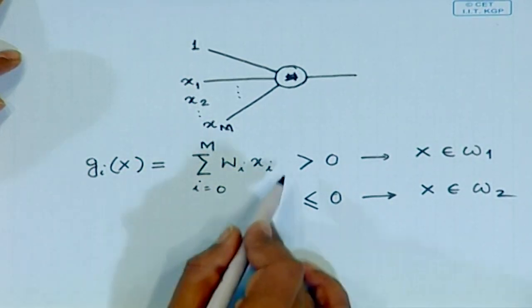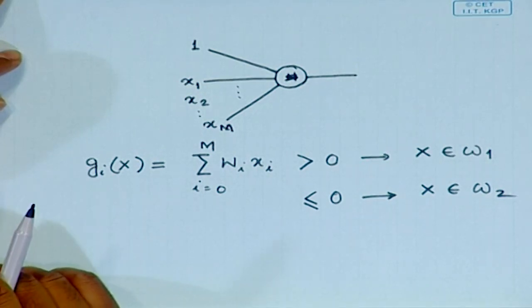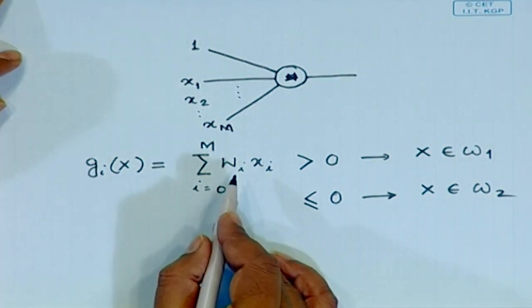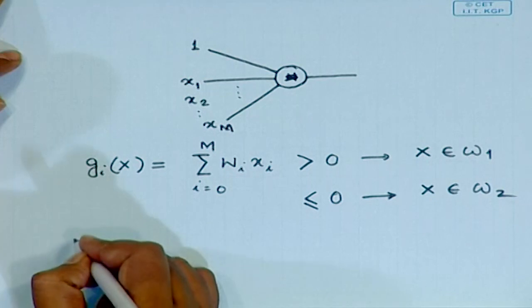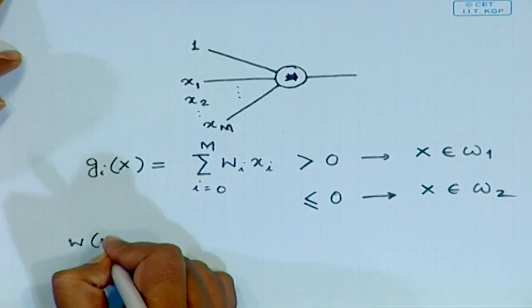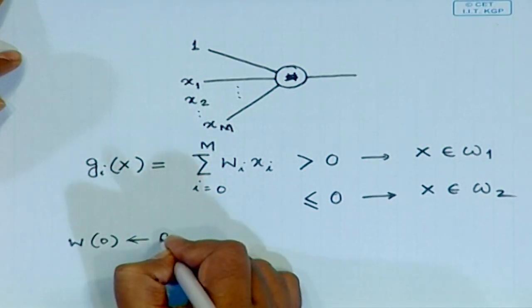Okay. Now, in the case of the perceptron criteria, we have said that the weight updation rule was that initially we decide w0, the initial weight, to be arbitrary.